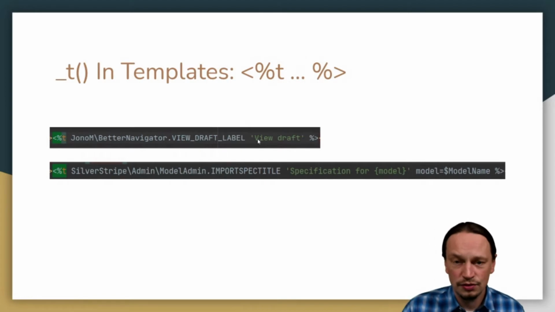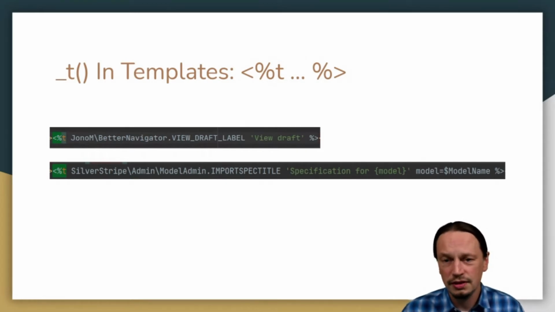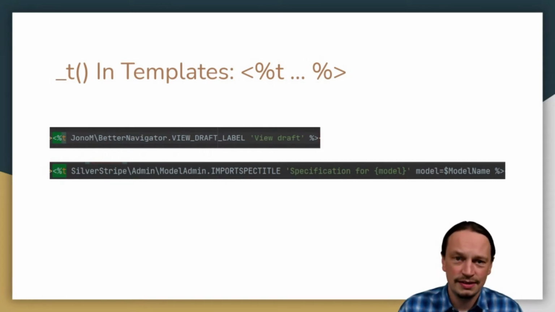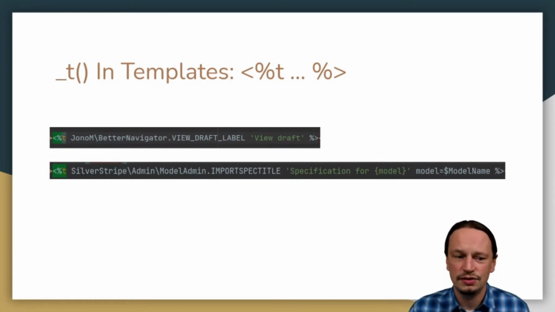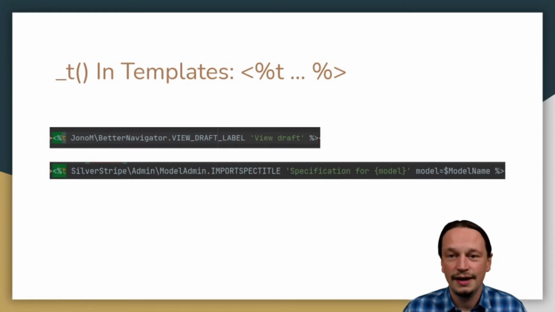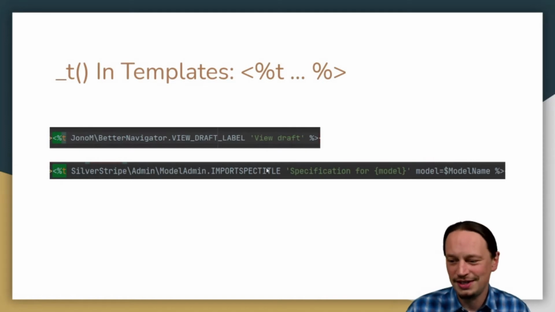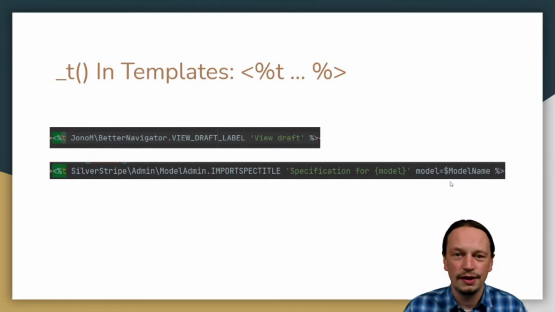I always try to use English labels in my templates, even when it's a German homepage or a German module, because when I extract it later on, it's easier for me. So the English language is the source language for all my localized projects. And it's also possible to pass parameters like here, specification for model, and the model name is then included from the template data.